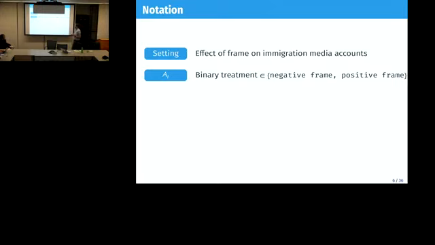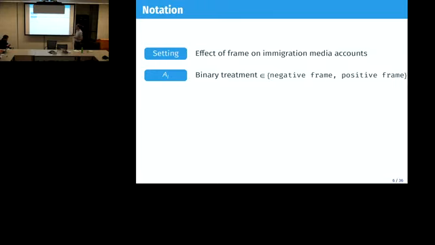It's a framing experiment in political science, where we're interested in the effect of either a positive or negative framing of a news story on immigration, on things like whether or not a person supports expanding immigration.